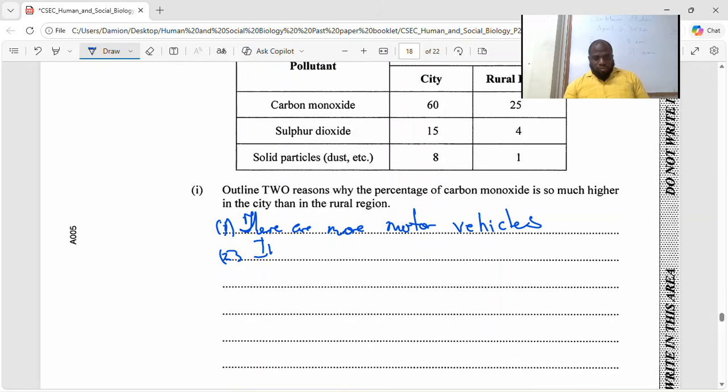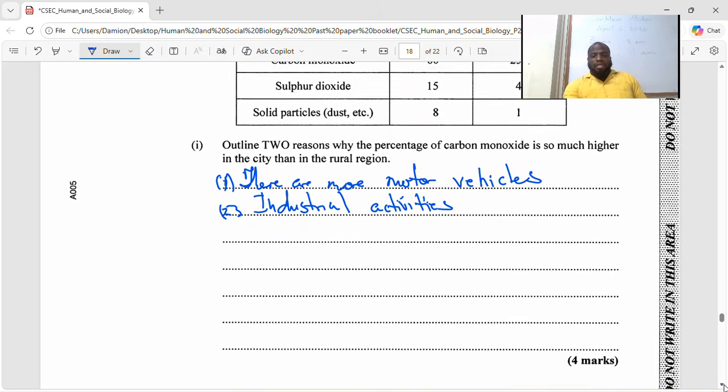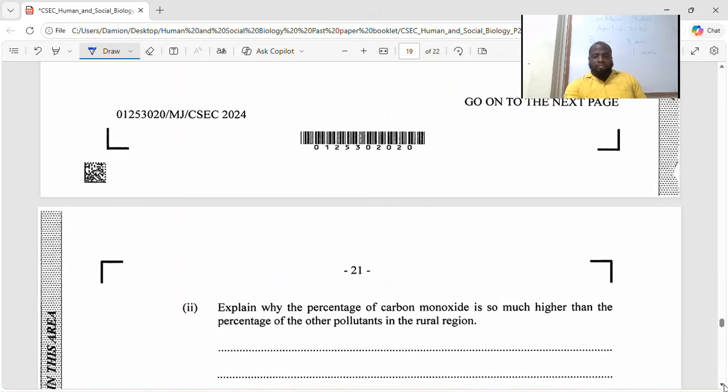So industrial activities. So we have more factories and those things that are in the city than in the rural area.